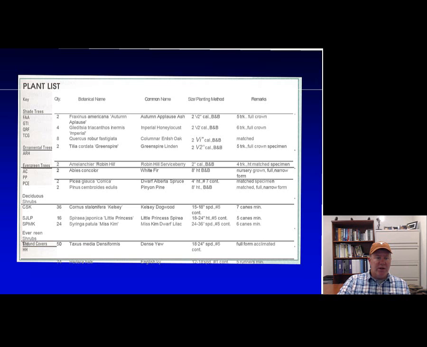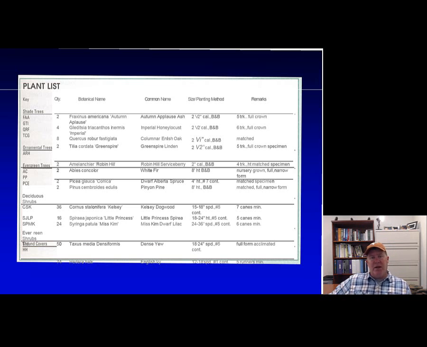What I've seen here is that the quantity on the plant list might show 8, but accidentally the landscape architect left off 2 more on the job. So I always count per plan. If I see that there's 8 of these columnar oaks, I'm going to find each one of these on the plan.